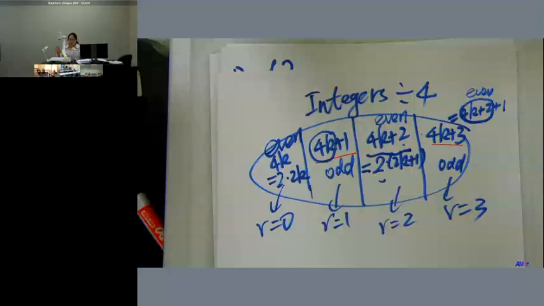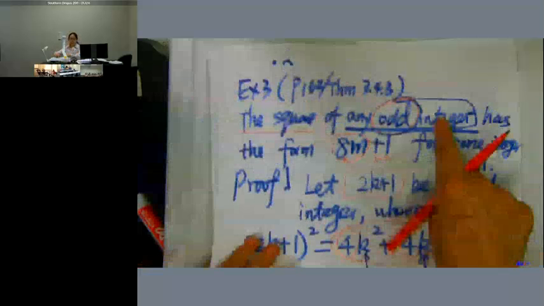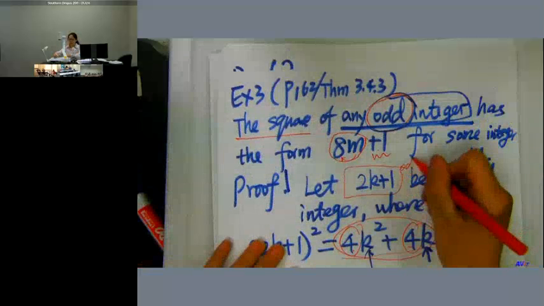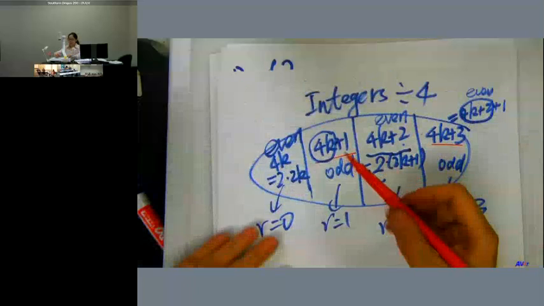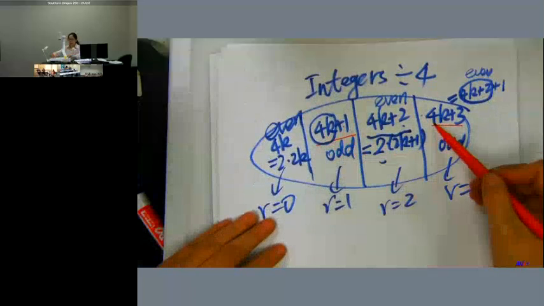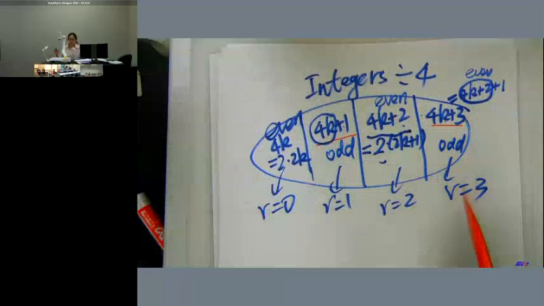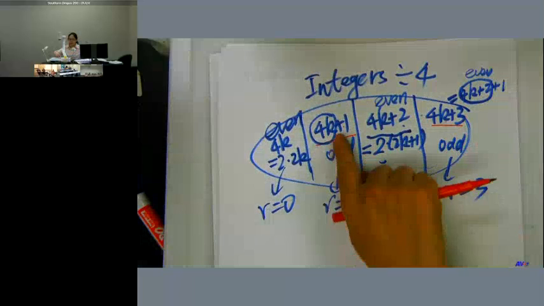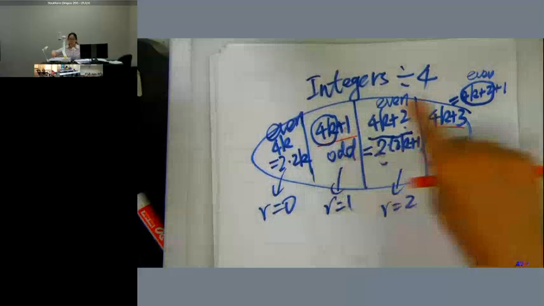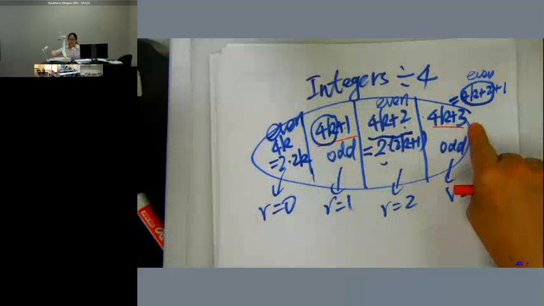So you can see there's not just one way to describe an odd integer. Of course, you can use 2k plus 1. Yes, that is odd. But you can also describe it as either 4k plus 1 or 4k plus 3. And think about it, it makes sense. Any odd integer is either a multiple of 4 plus 1 or a multiple of 4 plus 3, right?